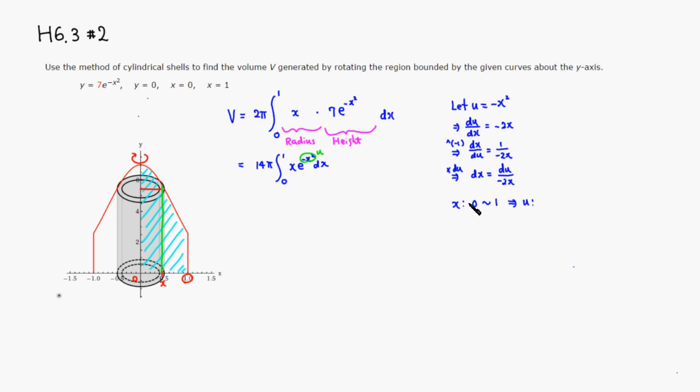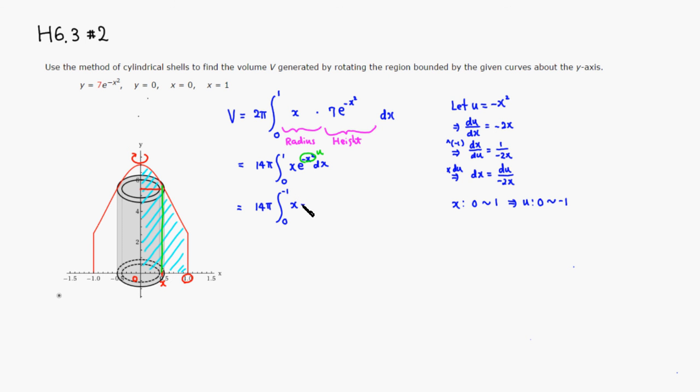When x is 0, negative 0 squared is still 0. When x is 1, negative 1 squared is negative 1. So we rewrite this as 14 pi, a constant multiple, and the integral goes from 0 to negative 1. I'll leave x as it is for now.